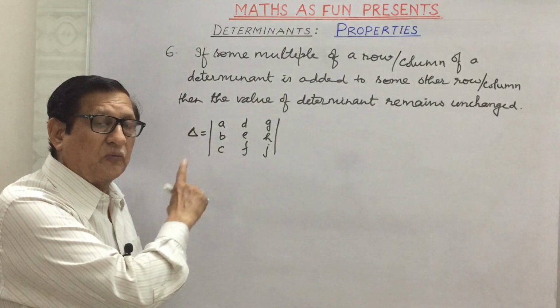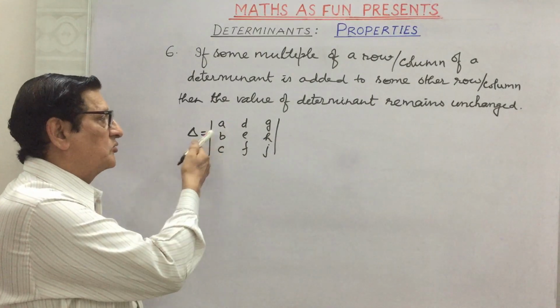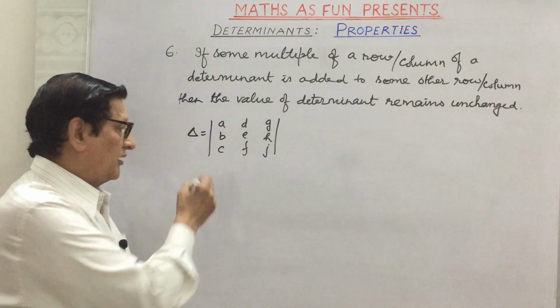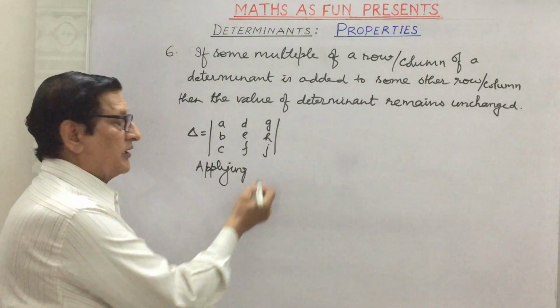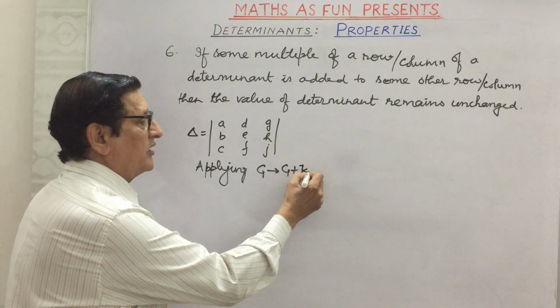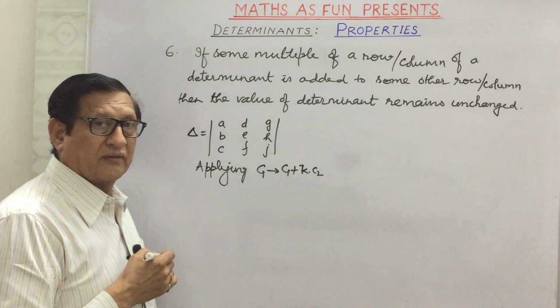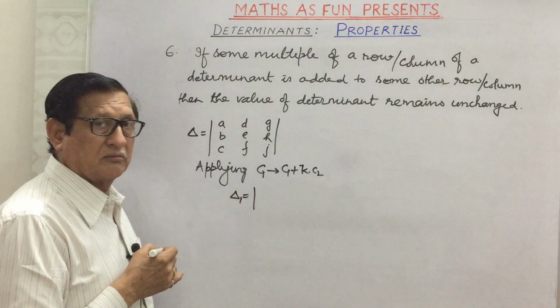If we perform the operation in this, that we are adding k times C2 in C1, applying C1 plus k into C2, then this determinant delta, suppose it becomes delta 1.